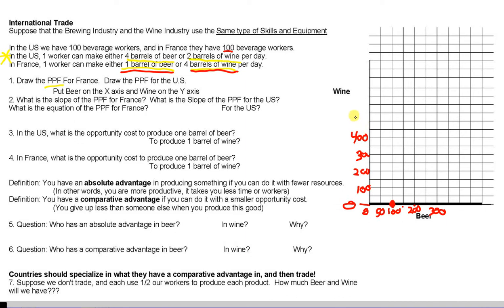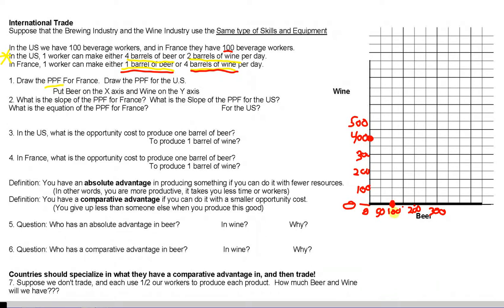And we could go up one more, 400, 500. So how many will they end up with? Well, 100 workers making 4 barrels of wine apiece will be 400. So we have these 2 points, 400 barrels of wine and no beer, or no wine and 100 units of beer.